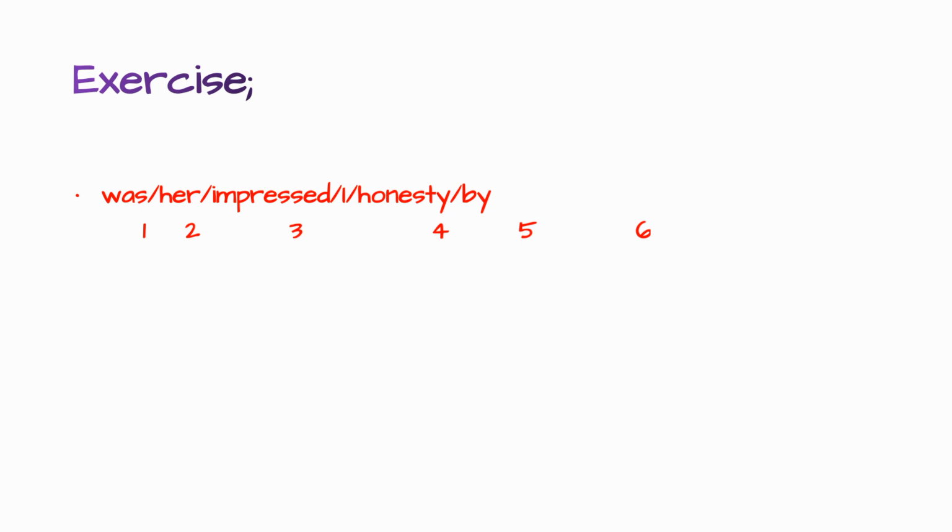Object. What is the object? Is there any object qualifier? Okay. Yes, I think you almost did it. Now check your answer. Yeah, it should be 4, 1, 3, 6, 2, 5.